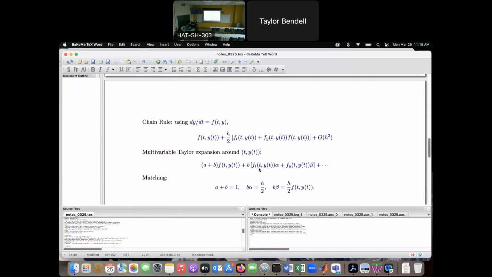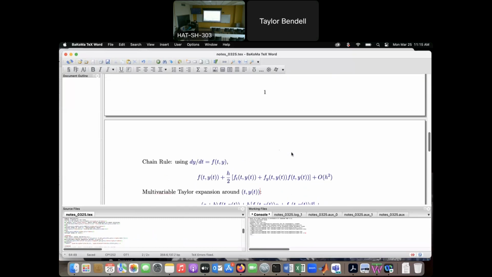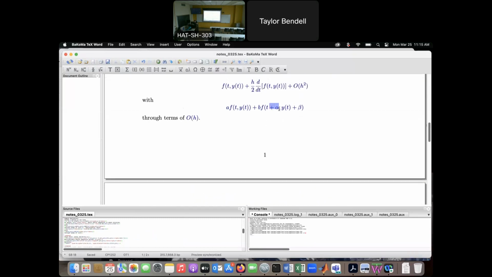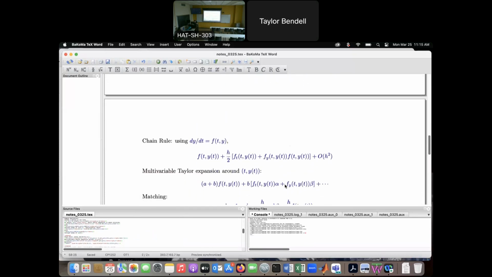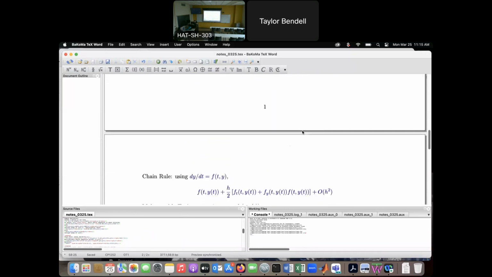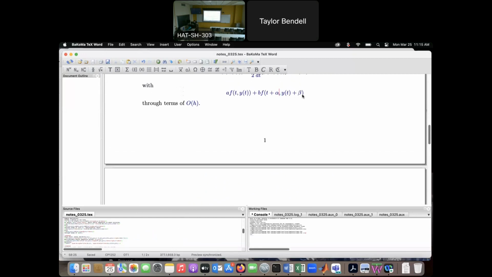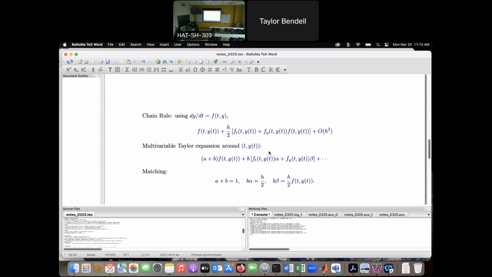And then for the second term of that expansion, I take the partial of f with respect to t times the change in t, which is alpha, plus the partial of f with respect to y times the change in y, which is beta. So now we have this Taylor expanded, but only through the first derivative term. We don't need to go any further than that.